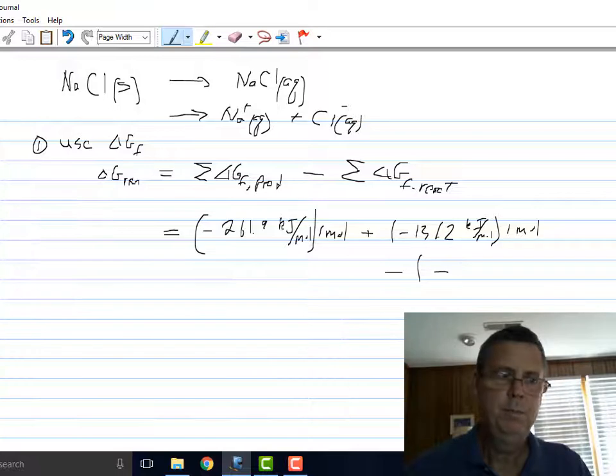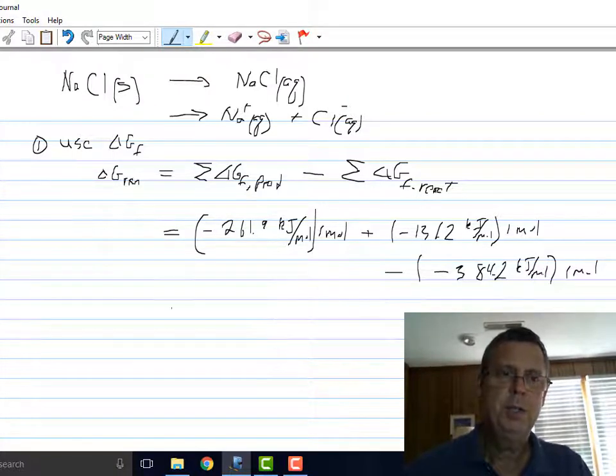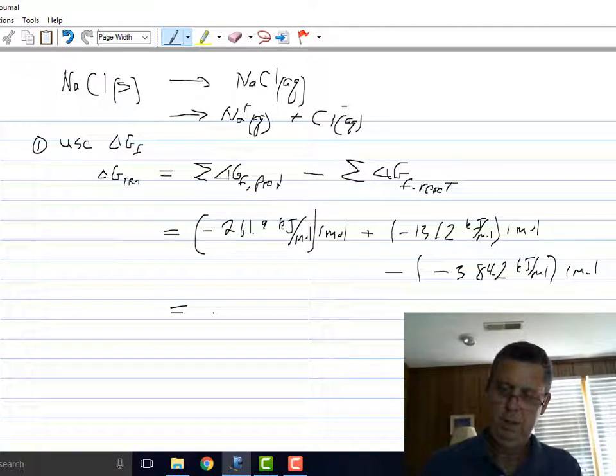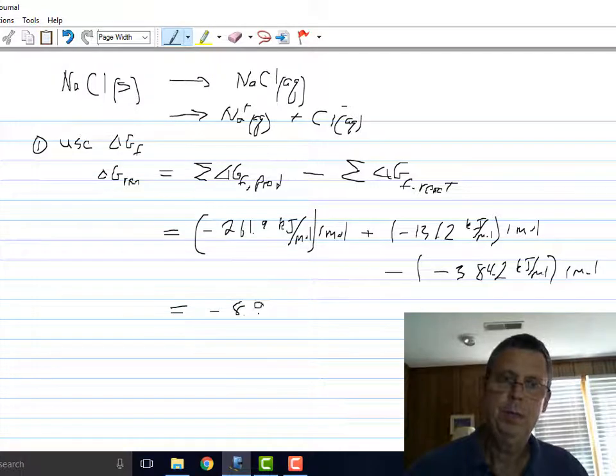That's negative 384.2 kilojoules per mole times 1 mole, and that gives us, let's see if I did that correctly. Let me double check. This gives us a grand total of negative 8.9 kilojoules per mole. I'm sorry, 8.9 kilojoules. Moles cancel out for this reaction.